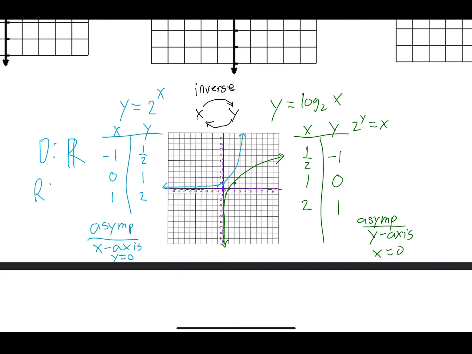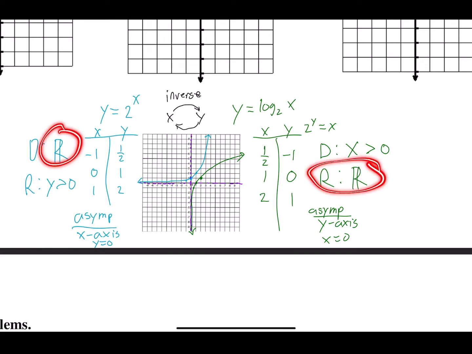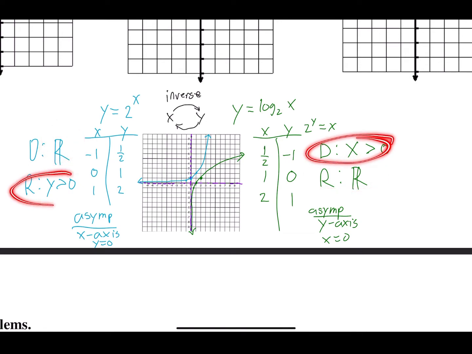The range is y is greater than whatever the asymptote is, in this case 0. Flip-flop that for the domain of the logarithmic function. The domain of any logarithmic function is x is greater than whatever its asymptote is, in this case 0. And its range will be all real numbers. So notice the domain and the range flipped for the log and the exponential function.